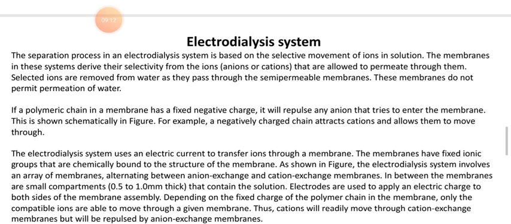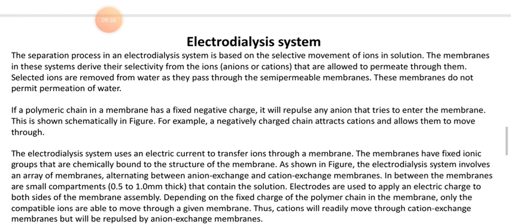Now whatever positive charge comes in contact with that membrane, it will repel. As you must know from the electrostatic law, similar charges repel each other and opposite charges attract each other. So if a negative charge is present there, it will repel any anion.